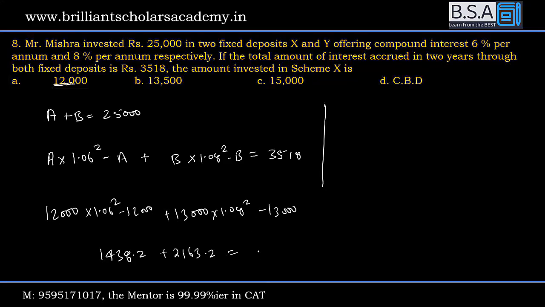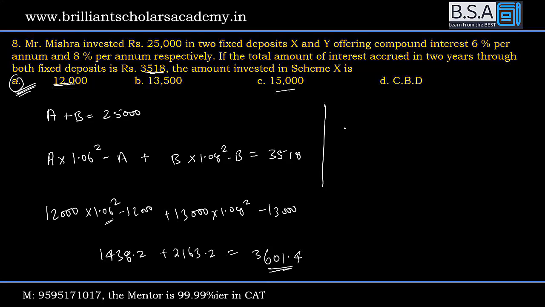This crosses the 3,601 rupees. I need lesser interest. Lesser interest would mean more money on the lower side. This is the lower interest value. The more money should be on this side.